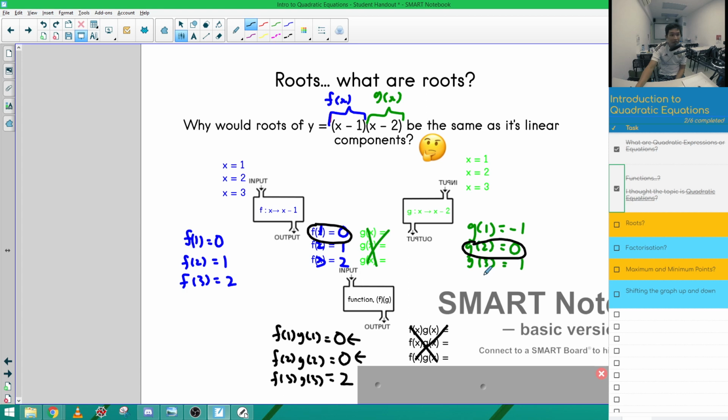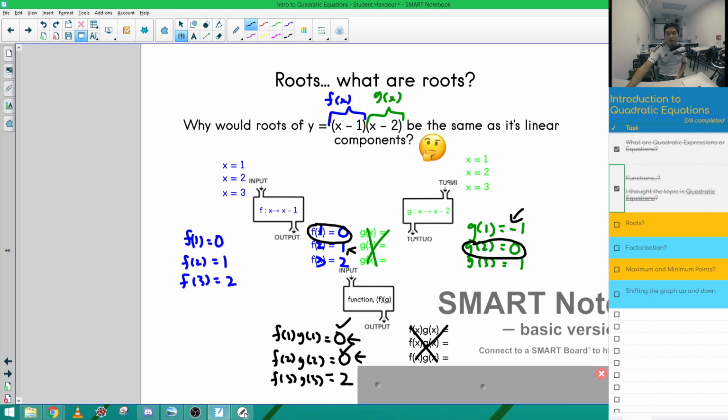Whenever one of them is 0, it really doesn't matter what the other one is. It could have been 10,000 or 5 million. When you multiply by 0, you still get 0. And that is why the roots of a quadratic are really the same as its linear components.